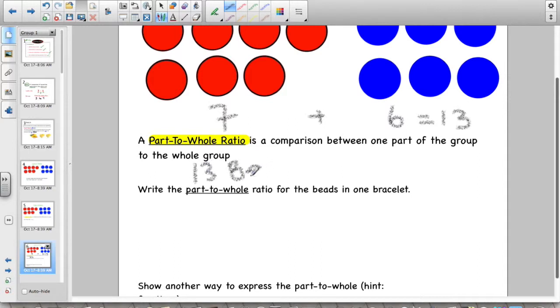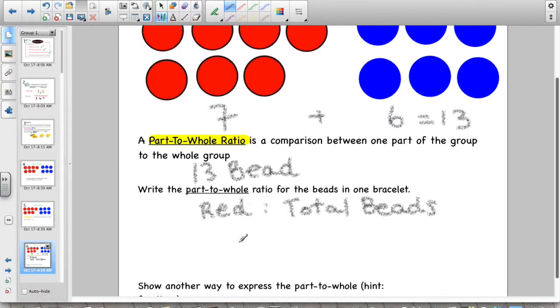I have 13 beads, and one of the parts is 7 red beads, and another part is 6 blue beads. So one example of a part-to-whole ratio would be the number of red beads to the total number of beads.